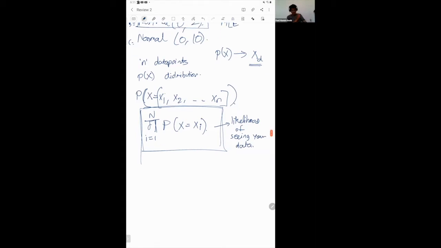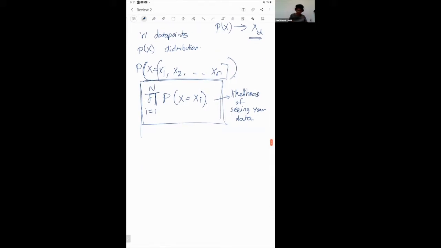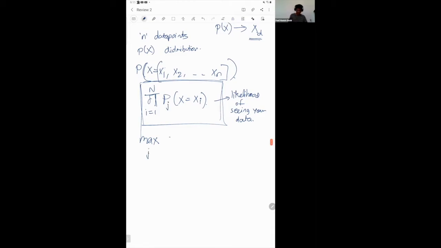Then which of these distributions is the best one, I would just select. Let's say this is P of J, where P of J indicates the distribution. Then I would just pick the distribution which is the best one.